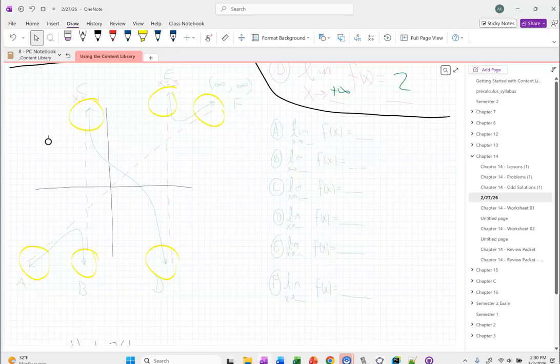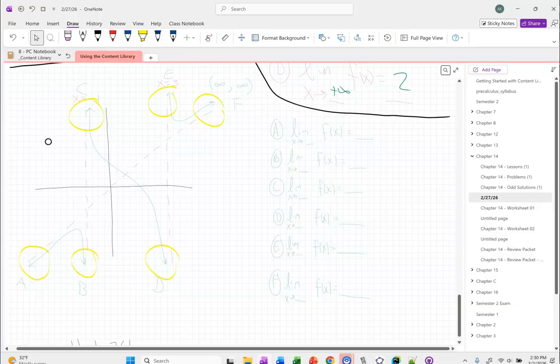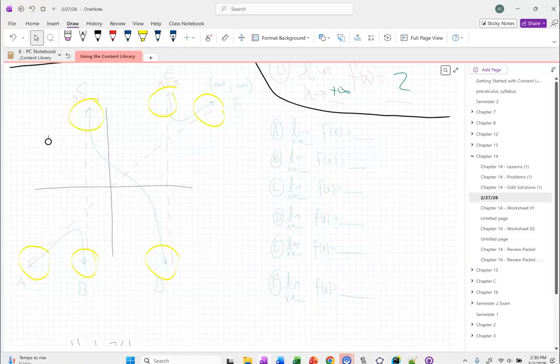We're literally just asking what x coordinate this arrow is heading to, and what y coordinate. If I start at A, this arrow is heading to what x value? Negative infinity. And what y value? Also negative infinity, because the arrow is pointing to the left and down. Everybody agree? Okay.